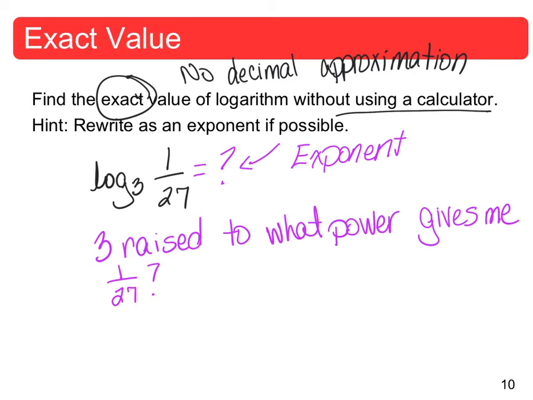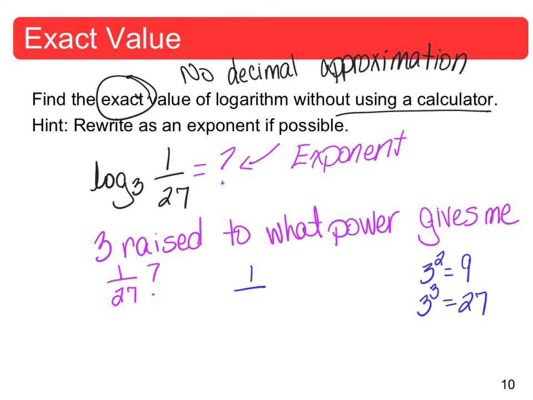So I want to look at how I can rewrite 27. I know that 3 times 3 is 9. If this was 1 over 9, I could just put the 3 squared in the denominator. But it's not 1 over 9, it's 1 over 27. So I know that 3 to the third power is 27.